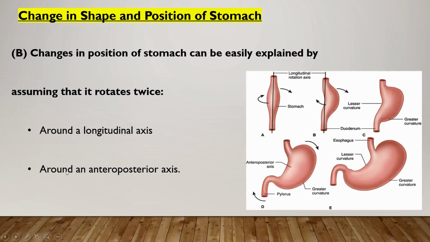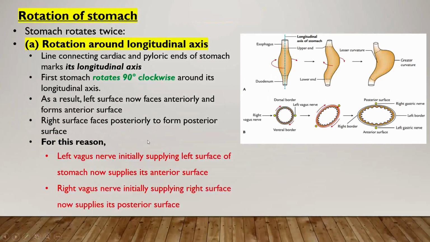Now there is another rotation around the antero-posterior axis. Because of that, the upper end goes away on the left side and the lower end goes towards the right side. So these two rotations are happening.